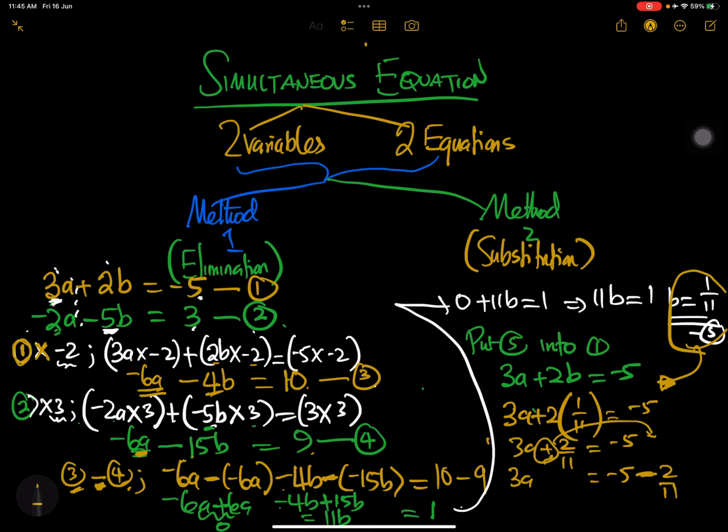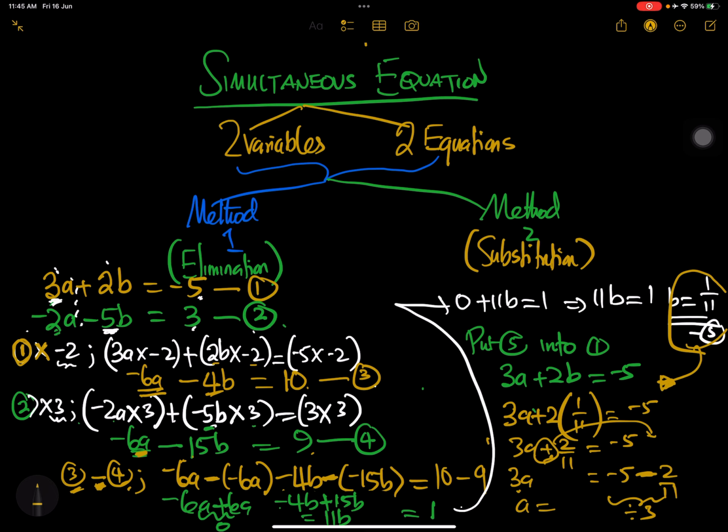And I know you can solve it. Once you solve it, you get a to be equal to the whole of this divided by 3, and you get the value of a. So now we found the value of b to be 1 over 11, and if you solve it, you should be able to arrive at the value of a.